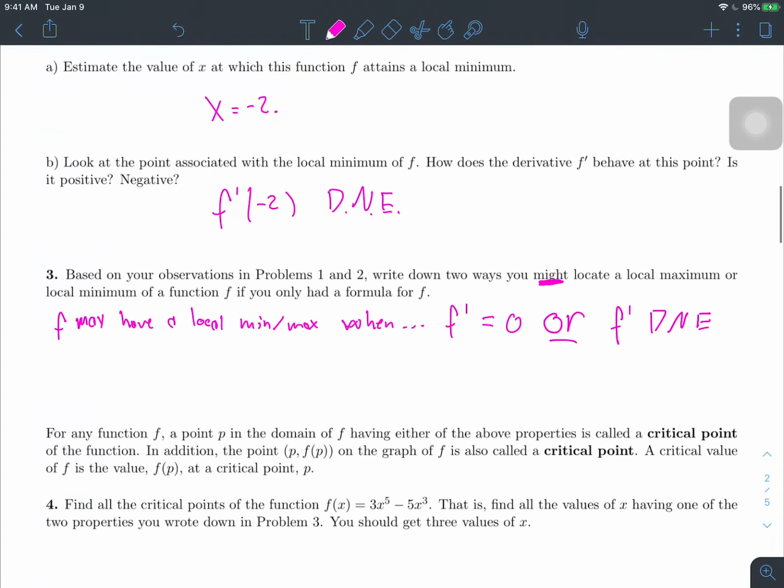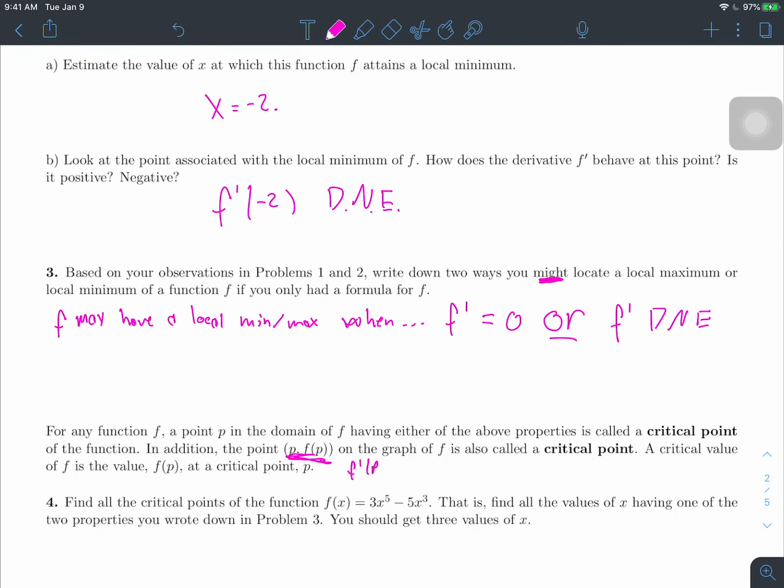A critical point, which they call P comma F of P, is a point on the graph such that F prime of P equals 0 or F prime of P does not exist. That's what it means for something to be a critical point.